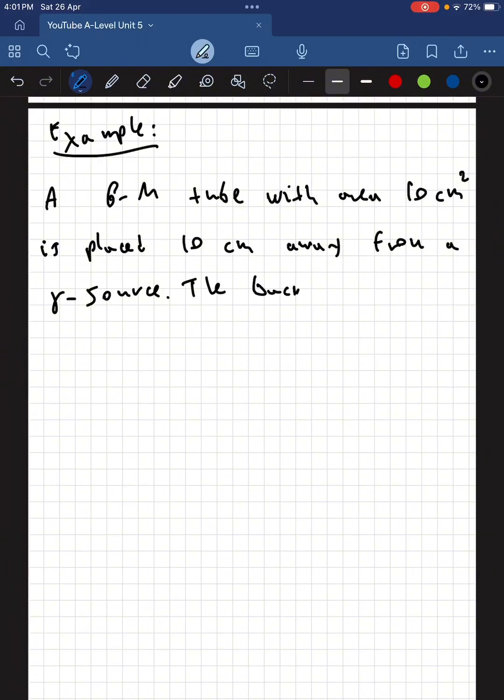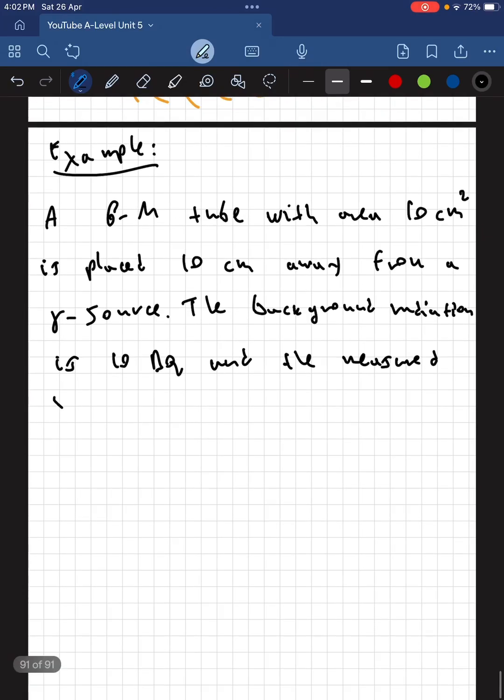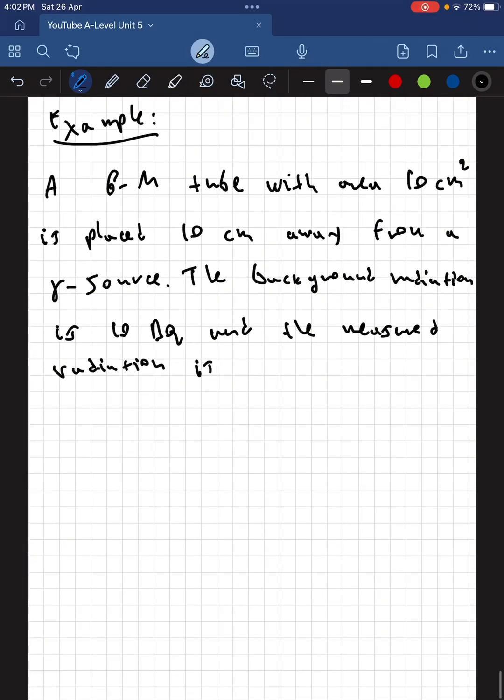The background radiation is 10 becquerels. The 10 becquerels means 10 counts per second. And the measured radiation by the counter is 1000 becquerels. What is the activity of the source?